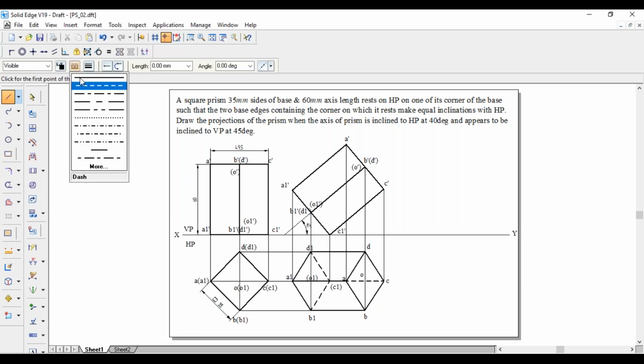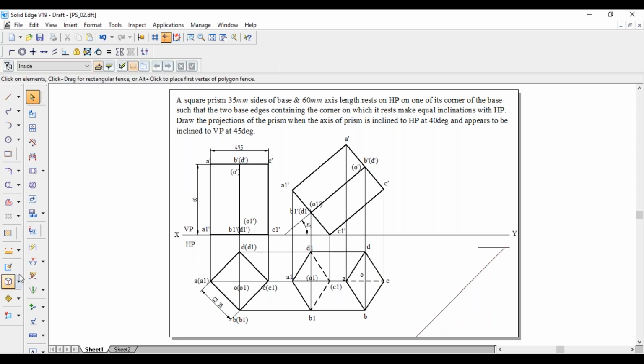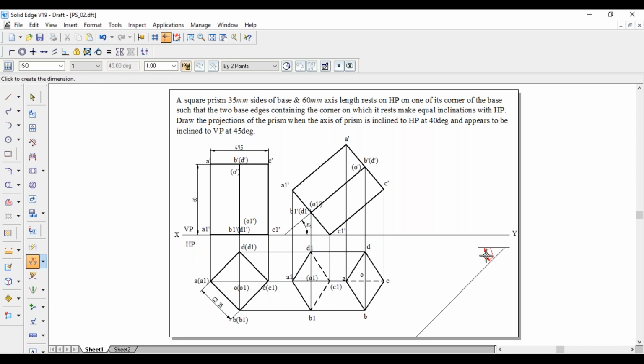Afterwards, draw 45 degree line. Now we have to copy this whole thing on this axis line, on this 45 degree line. This line is 45 degree. So A1C should be on this line. So first we will mark A1C.